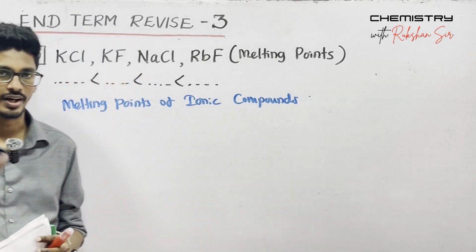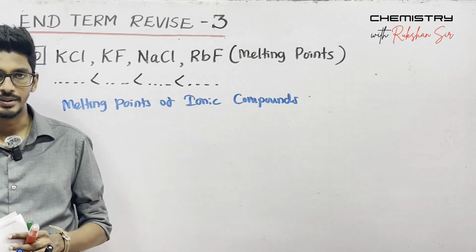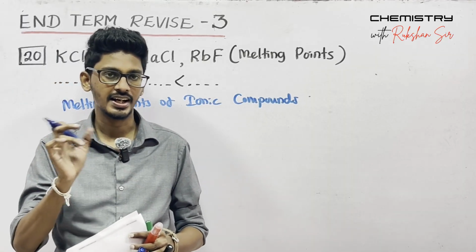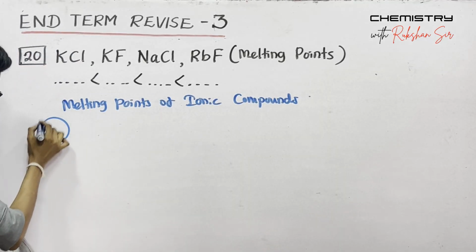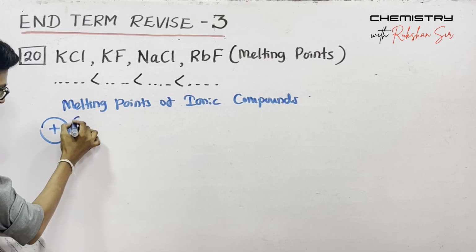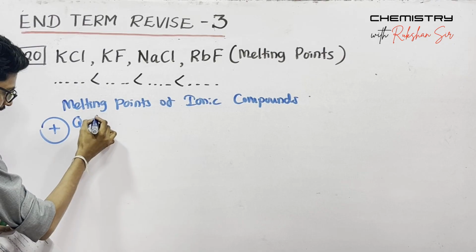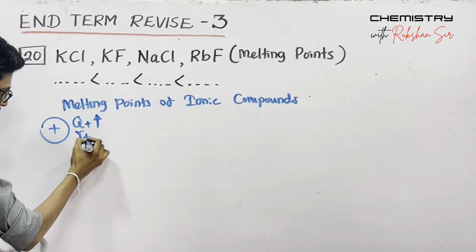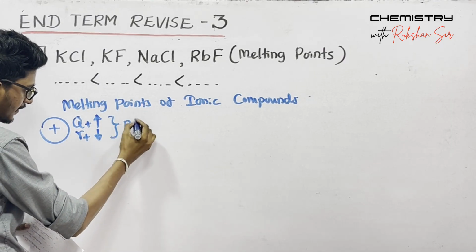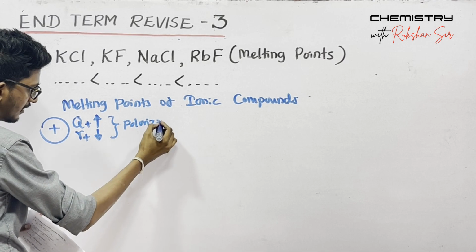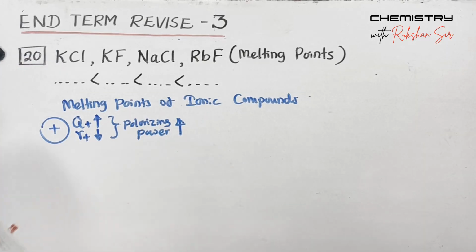Ionic bonding strength. For the ionic bonding strength, the polarizing power of the cation and the polarizability of the anion will matter, right? So when it comes to the cation, when Q plus is high and R plus is low, its polarizing power will be high.